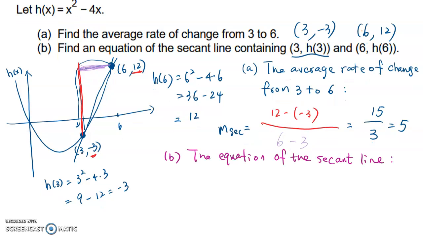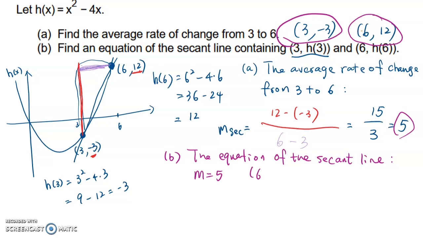We want to find the equation of the secant line. So what do we know here? First of all, we know this line passes through two points, right? One is 3, negative 3. The other one is 6, 12. And also we calculated the slope of the line, which is 5. We know a lot here. So we know the slope, we know two points.